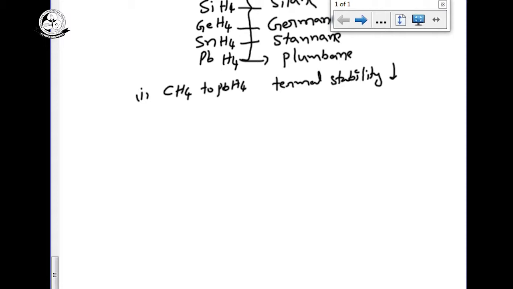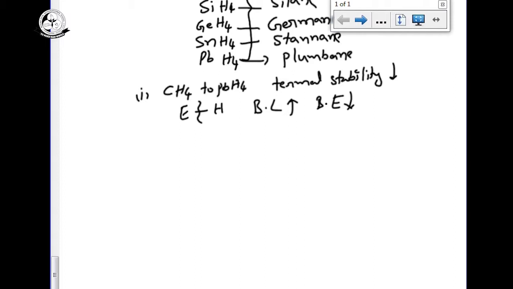hydrides decreases. The reason is the element-hydrogen bond length increases. Bond length increases means bond energy decreases. Bond energy decreases means it is easy to break the bond, means least stable. Compared with carbon, silicon, germanium, tin and lead, carbon is small in size and lead is large.